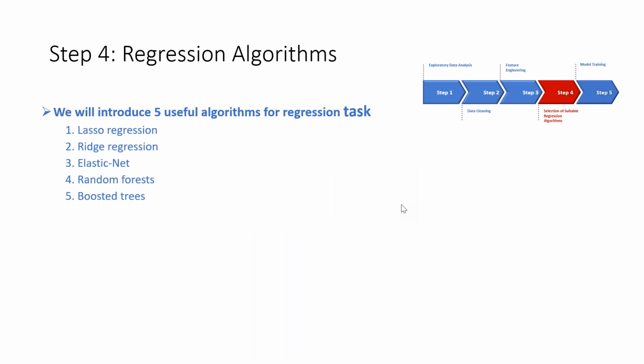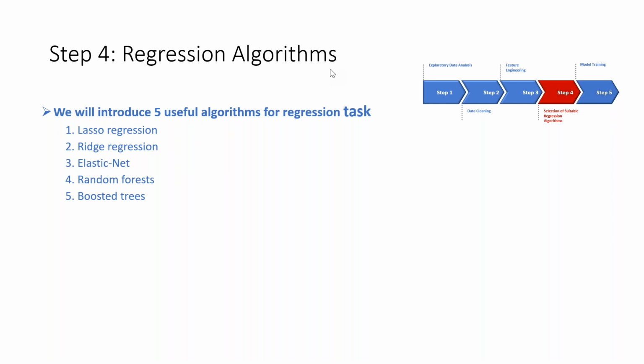So in this step, we will introduce you to 5 useful algorithms for the regression task. Again, when we get into our classification problem, we will review classification algorithms. When we get into clustering problem solving, then we will look into clustering analysis algorithms.